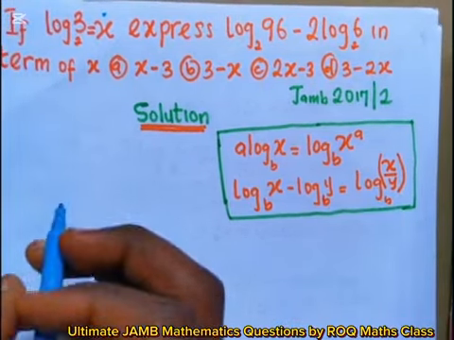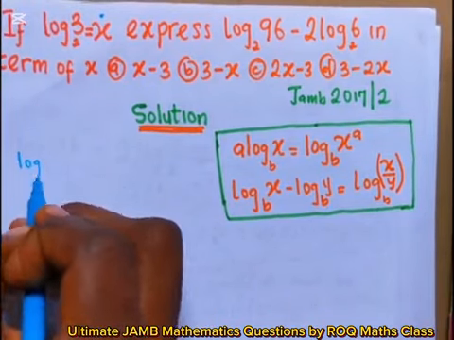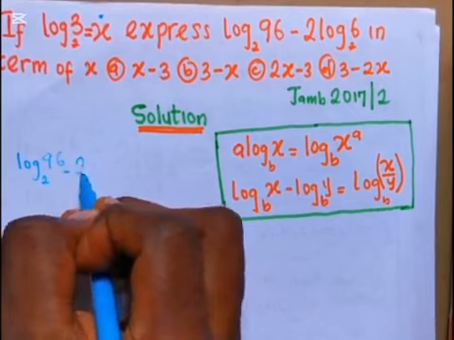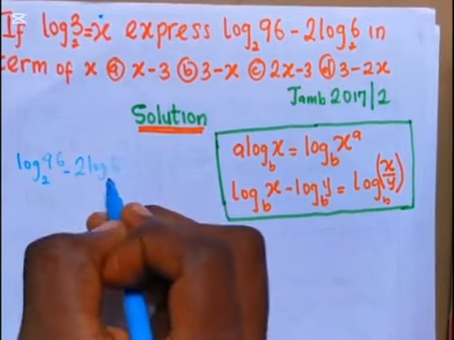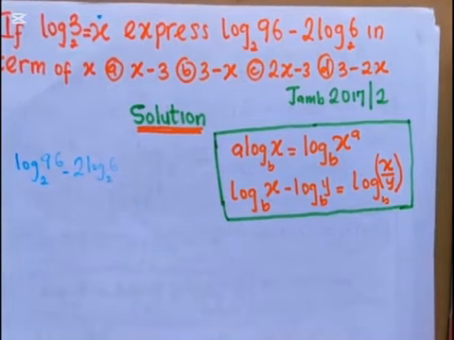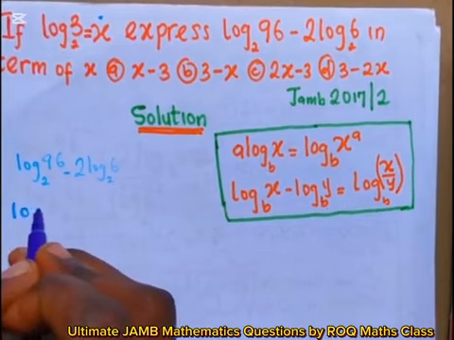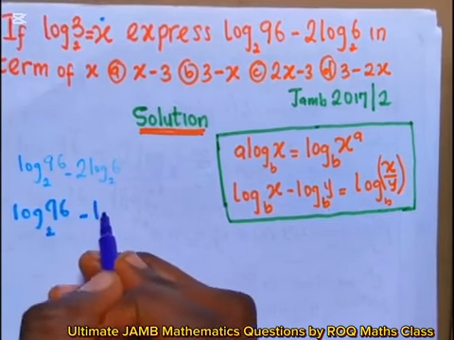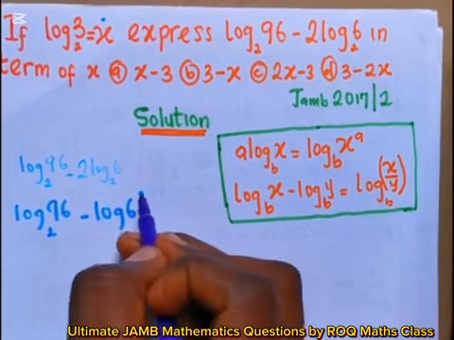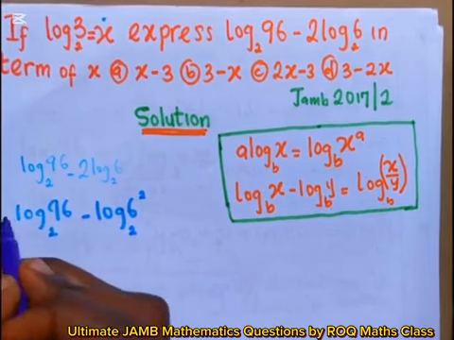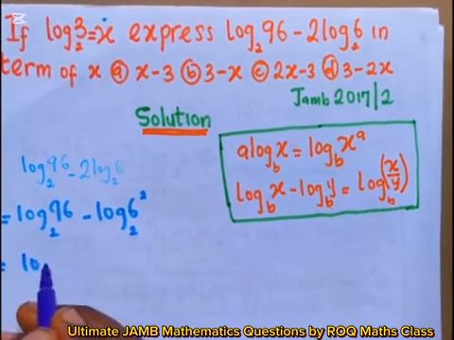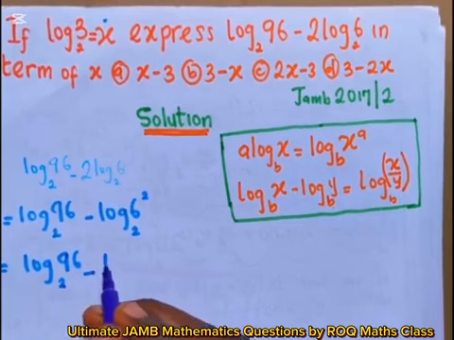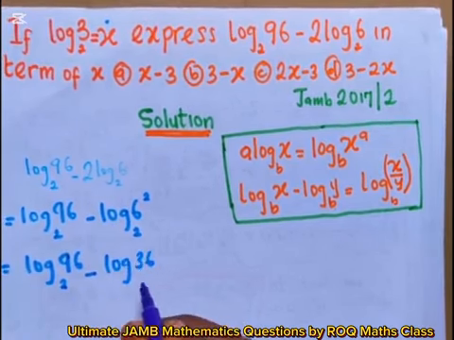Good. Solution. We are given log 96 base 2 minus 2 log 6 base 2. Actually, this is the same thing as the log of 96 base 2 minus the log of 6 to the power of 2 base 2, which is equal to the log of 96 base 2 minus the log of 36 base 2.